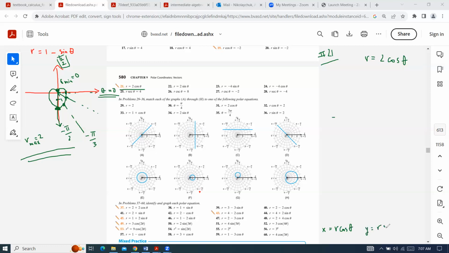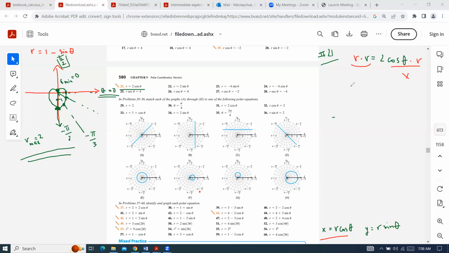So whenever I see cosine, then I notice that r is missing, and therefore I'm going to multiply by r on both sides of my equation, so that r cosine theta will become x. So that's a standard trick in these exercises.